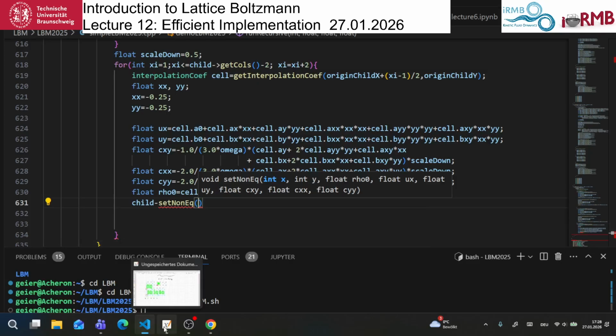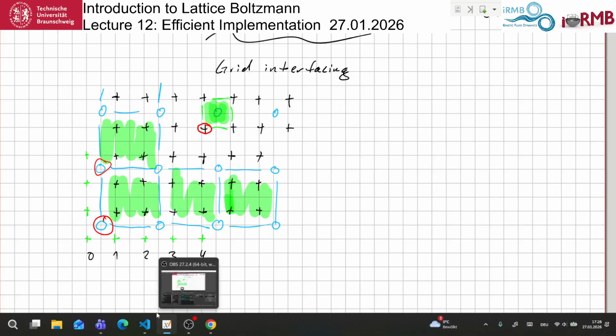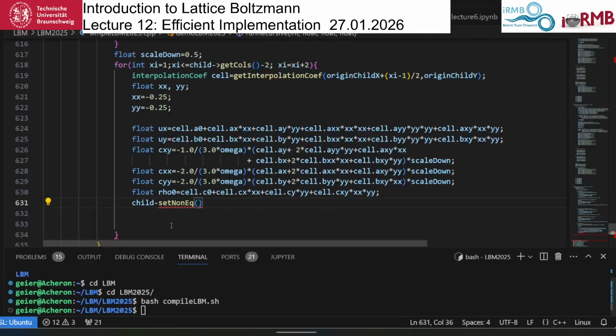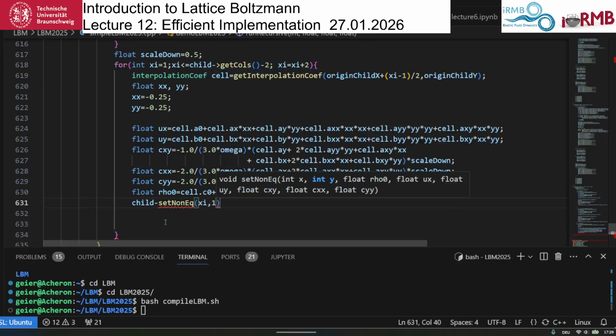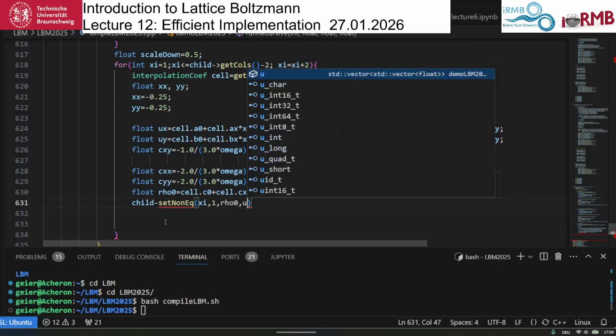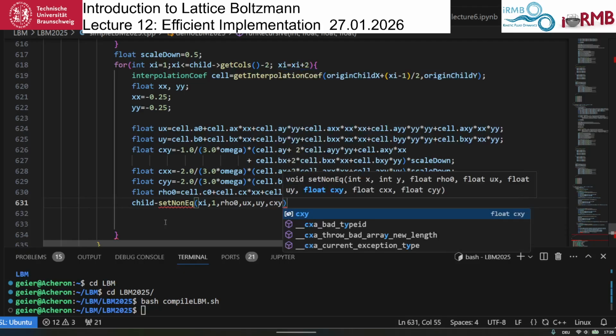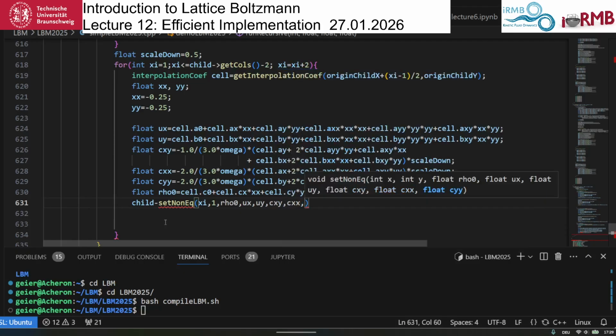So we start with C. We go over the x direction, and here we want to be in place number 1 because place number 0 is outside our domain. That means this is xi and 1 and rho 0 and ux and uy and cxy and cxx and cyy.